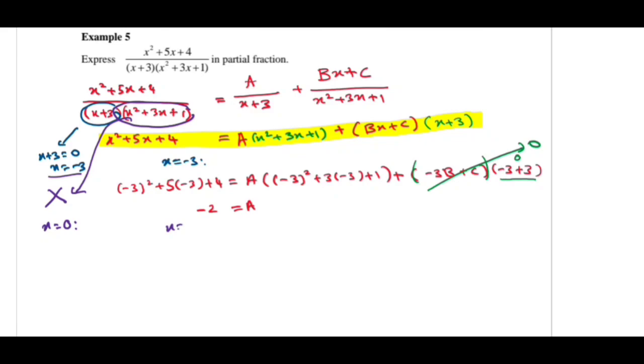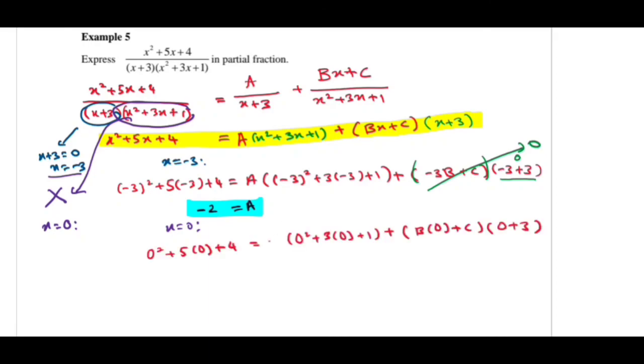And substitute your constant A into your expression as well. So replace A with negative 2 in front. Now, let's take a look. So 0 times b is 0. And here, this is 3 plus 0, which is 3. So you're left only with 3c. After a little bit of calculation, you find out that c is equal to 2.